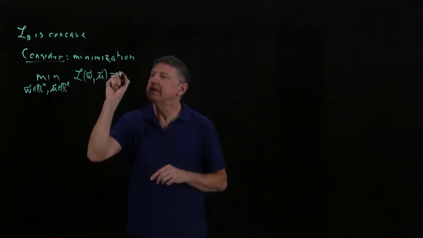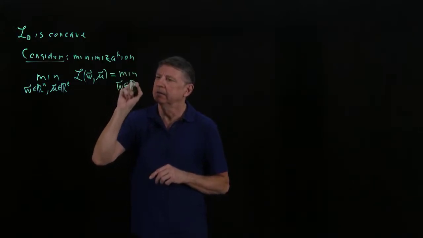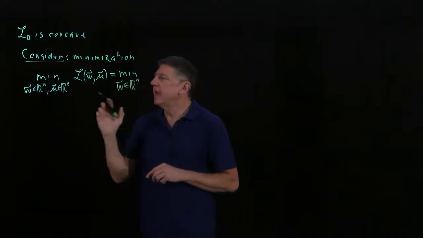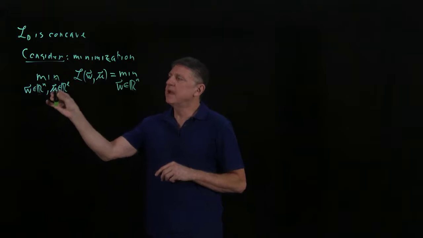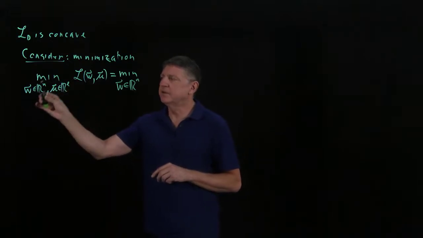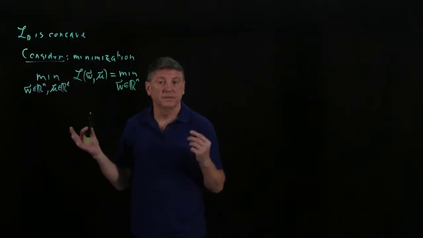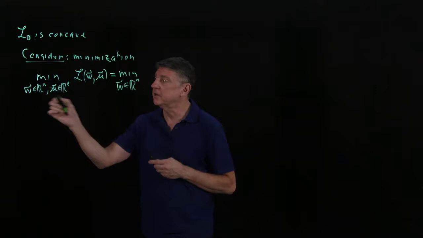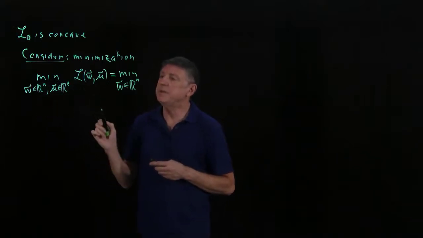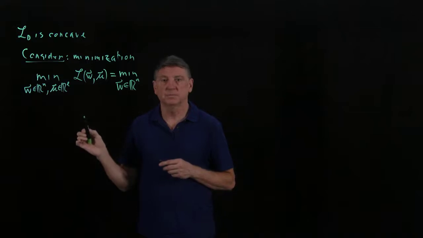Because the w's and the mu's, that is the vector and the multipliers, are in different vector spaces, they're really independent of each other. Because they're independent, we could break this down into two min problems.